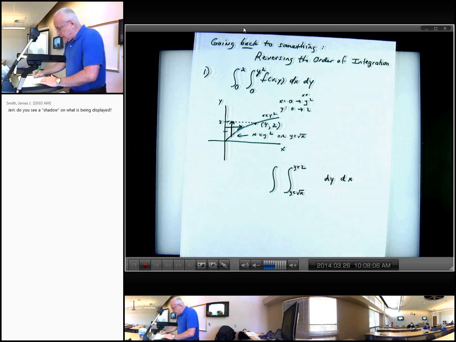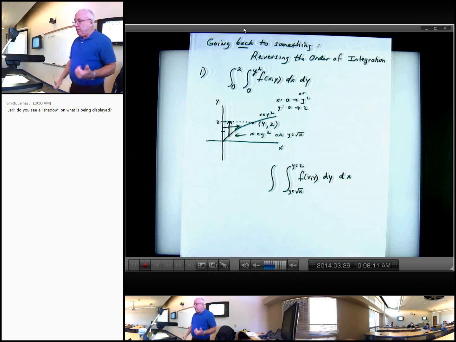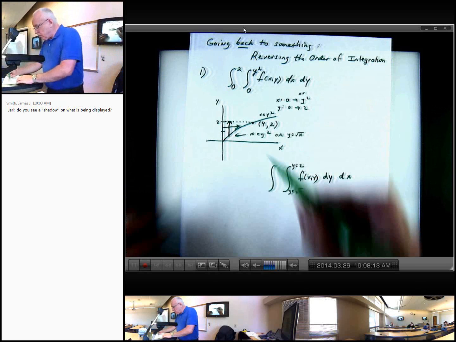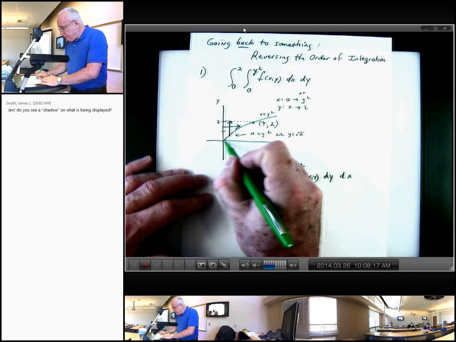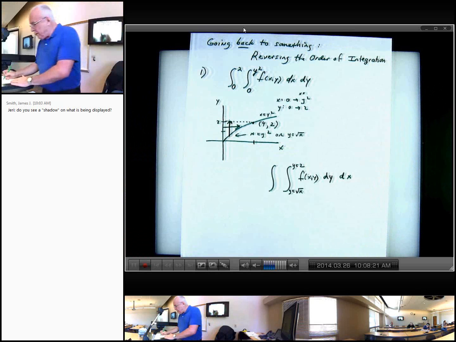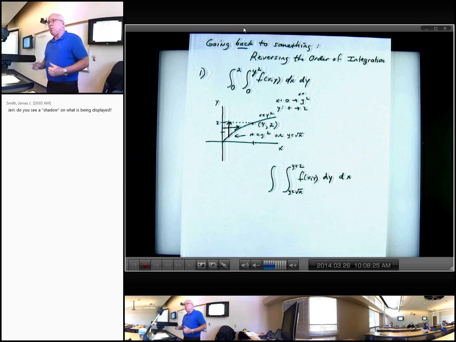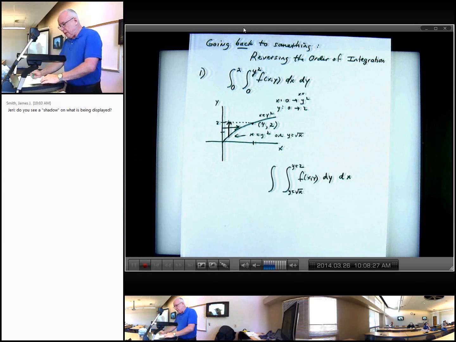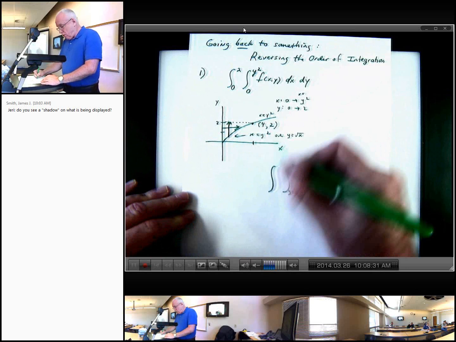And of course, we have our function that we're integrating. Then let's figure out our x limits. We've gone up to do the y, and now we have to cover our x's. What values of x are involved with this diagram? Starting at 0, good.